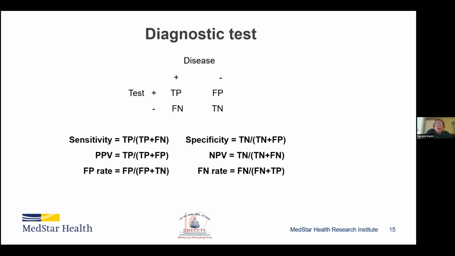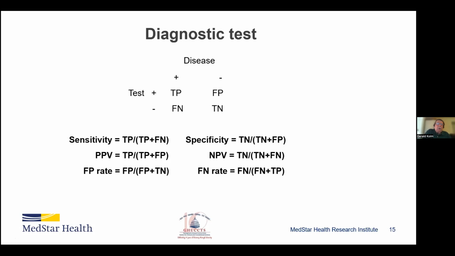And so the cells of our 2x2 table here are defined as if you have a positive test and you actually have the disease, and that's called a true positive. If your test turns out to be negative, but you really have the disease, then that's called a false negative.